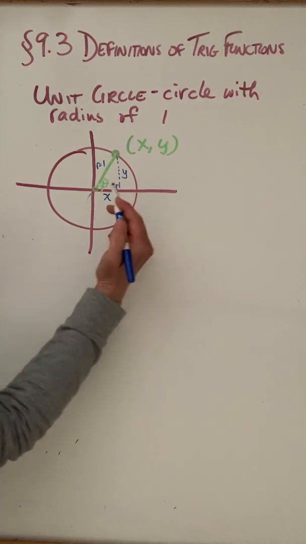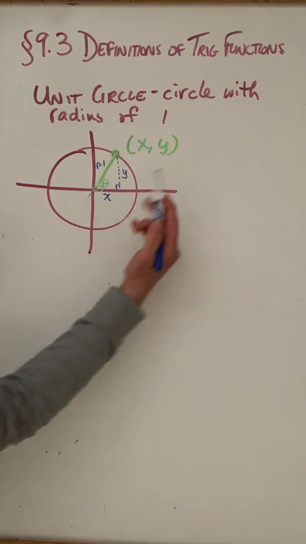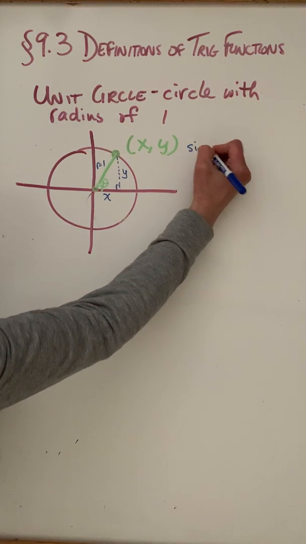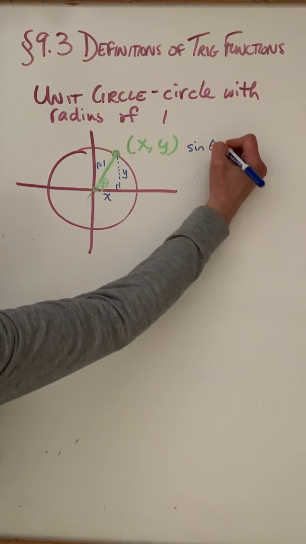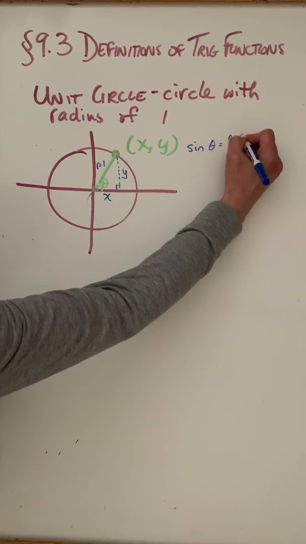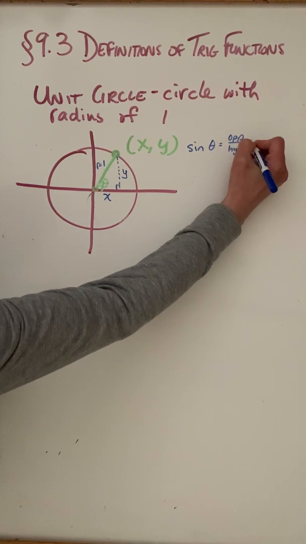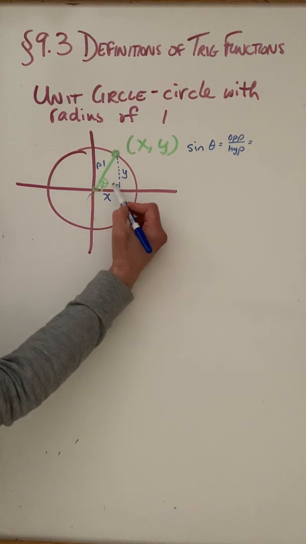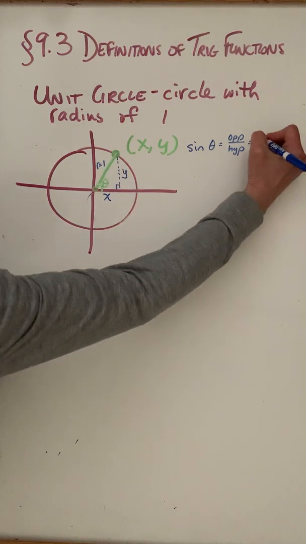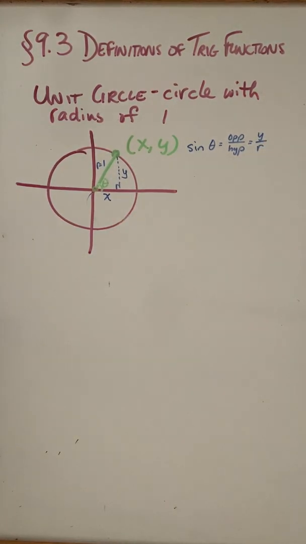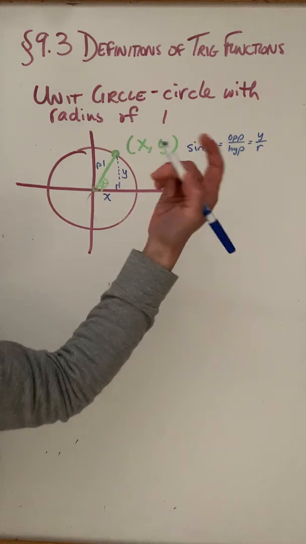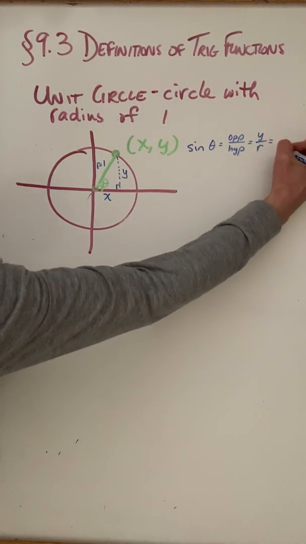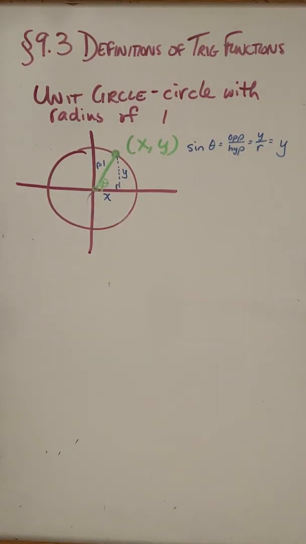Okay, so we know in general that we'll start with sine since it's SOHCAHTOA, right? So the sine of theta is opposite over hypotenuse, which in this case is just y over r, in general. But since it is the unit circle, it is just y over 1, which is just y.